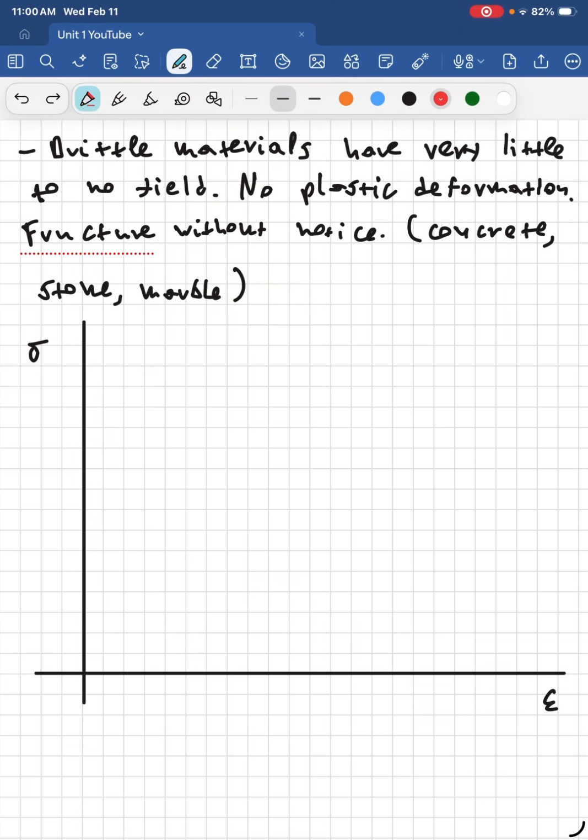It will have a really large Young's modulus because the gradient is steep, as you see, but then something like that only. Okay, so this is a brittle material. This is another brittle material. Okay, so the green material has a smaller Young's modulus.